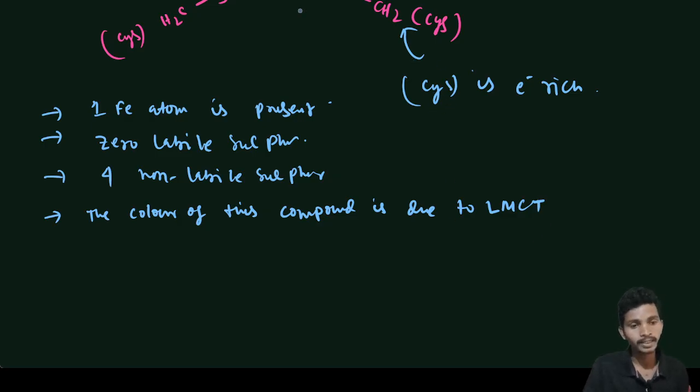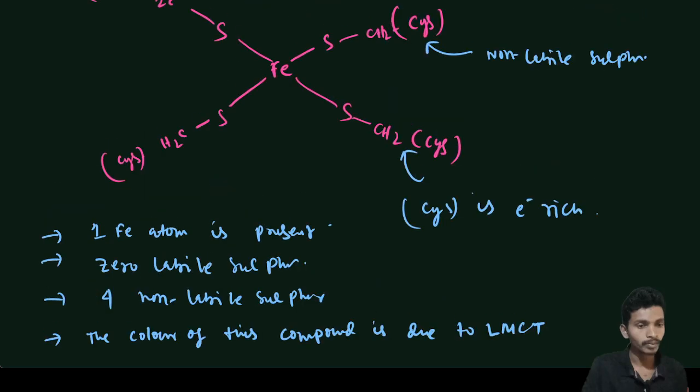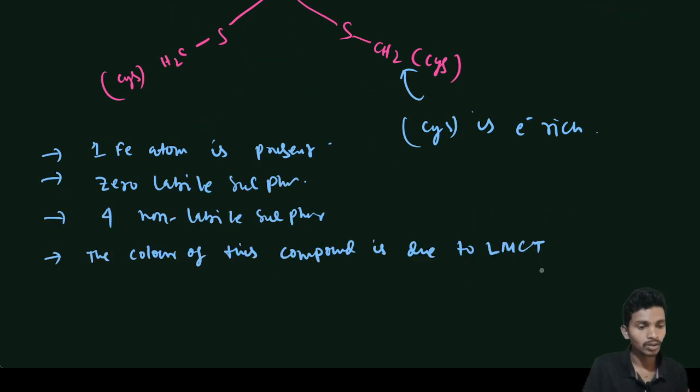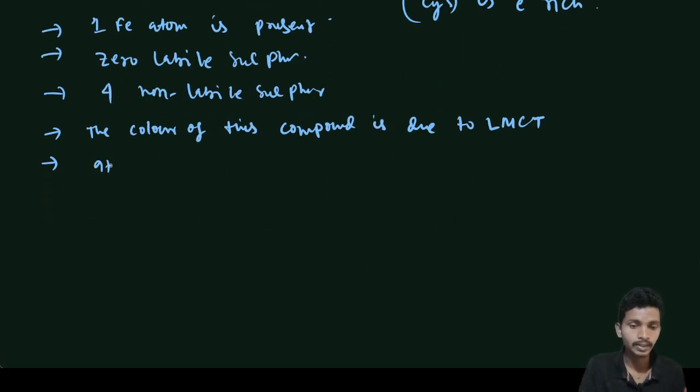From these ligands, electrons go to the metal, so the color is due to LMCT. Okay, and it is available in 2 forms.